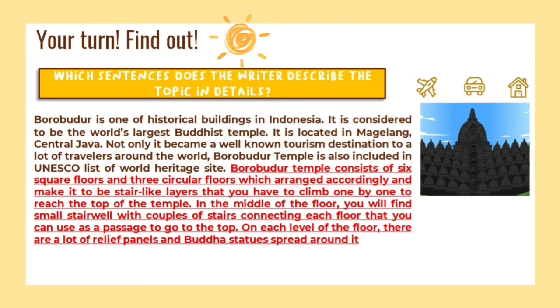In the middle of the floor, you will find a small stair wall with couples of stairs connecting each floor that you can use as a passage to go to the top. On each level of the floor, there are a lot of relief panels and Buddha statues spread around. So, that is a description of Borobudur Temple.